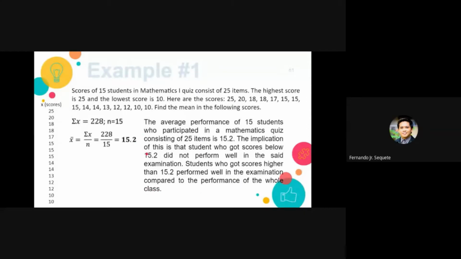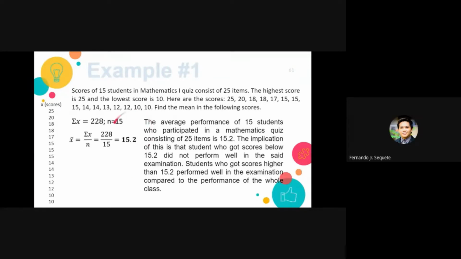What the average means, children, is that those who got low scores, or scores lower than 15.2, are the students who did not perform well in the exam.